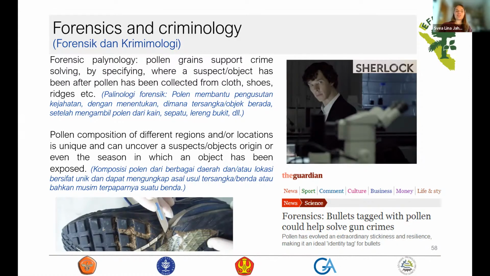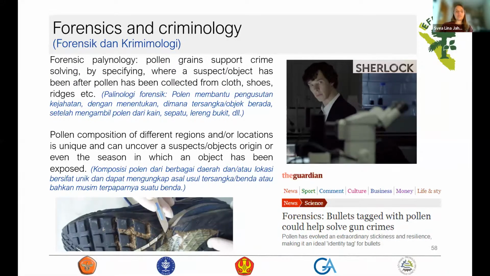And the pollen composition then gives us an indication about the region, because every location has a very unique and specific pollen composition, simply by the plants that occur there, and also by the means of deposition.